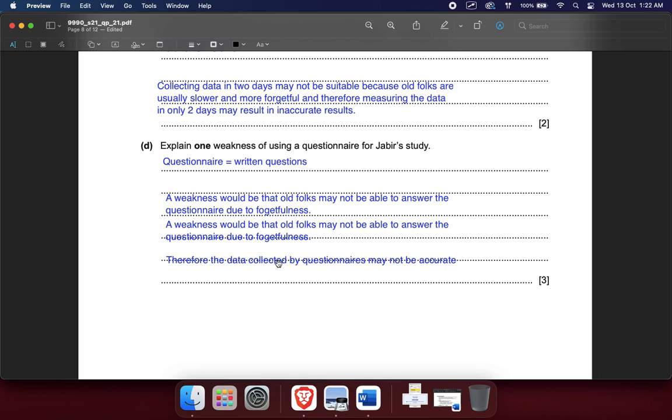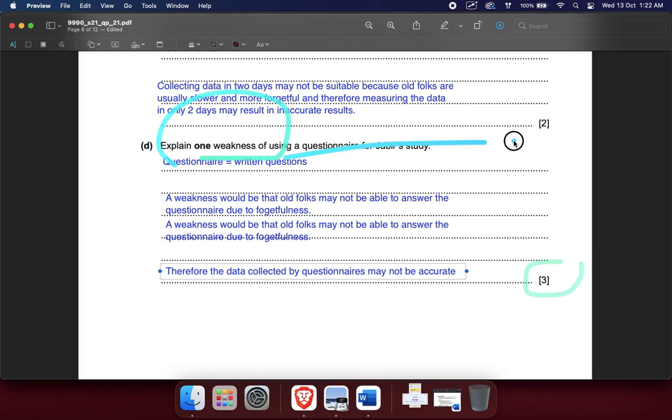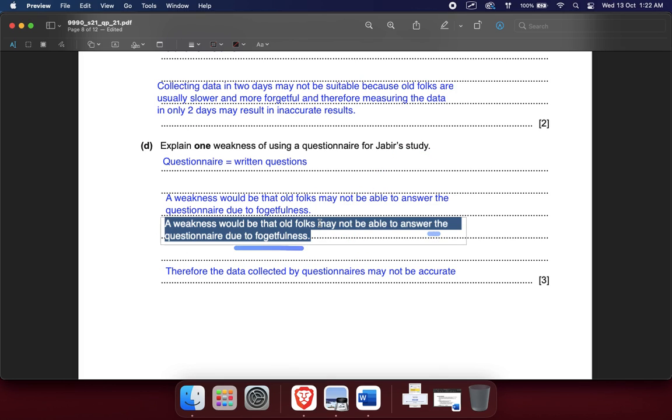Okay, so 3 marks, let's break it down. Explain one weakness of using a questionnaire in Jabir's study. What's the weakness? Old folks may not be able to answer the questionnaire due to forgetfulness, right? Oh, sorry, I just copied it.